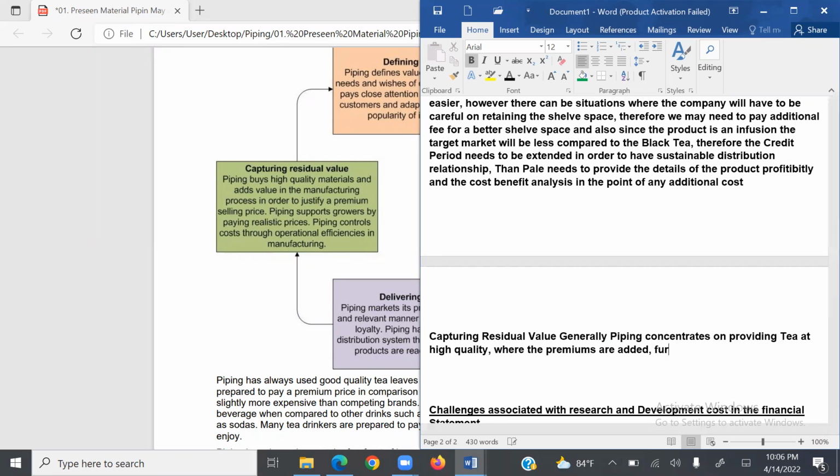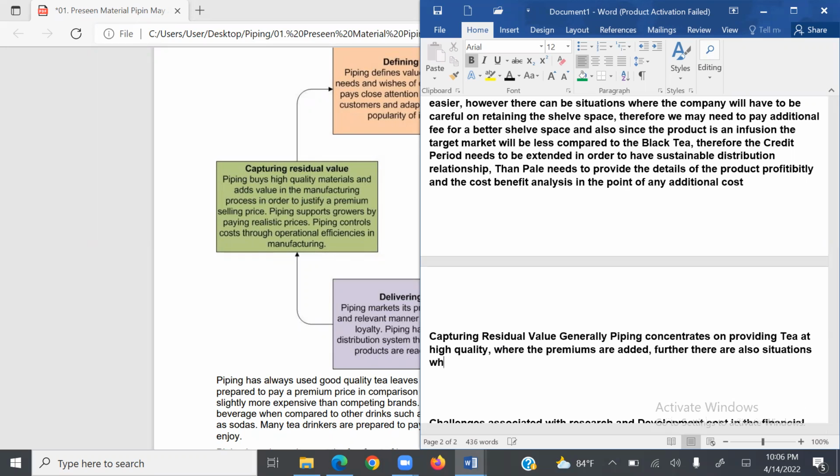So I'll continue here. Further, there are also situations where the consumer decides whether they have a value addition.